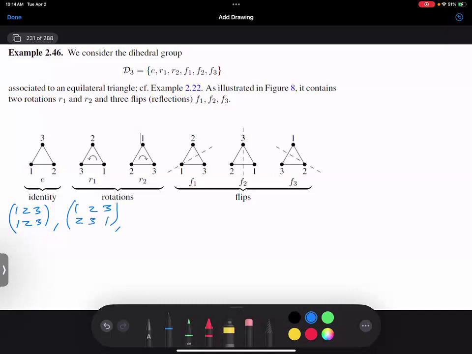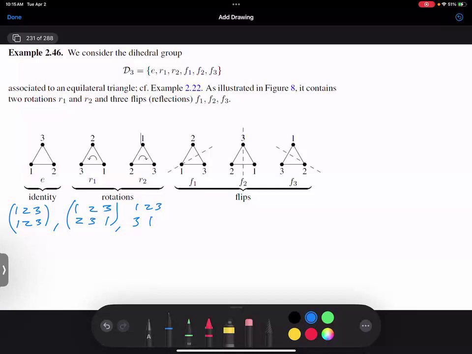The next rotation is going in the opposite direction. It sends 1 to 3, it sends 3 to 2, and so on. And so it would be 1, 2, 3. 1 goes to 3. Yes. And where does 2 go to? 1. Do I have to try to figure out what 3 goes to?